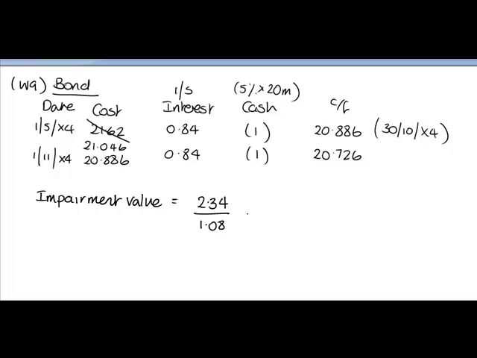So I'm going to discount 2.34 for 8%, and then a further 8 million at 8% for 2 years. That gives us a figure of 9.03.